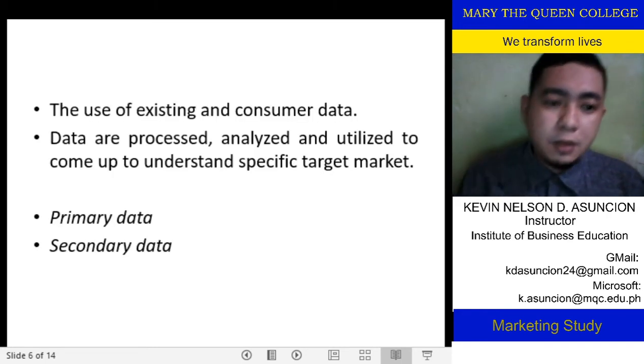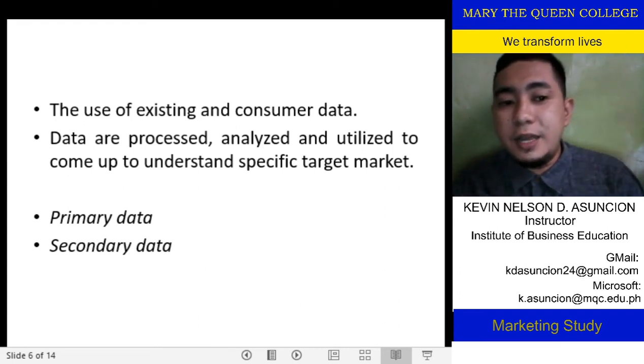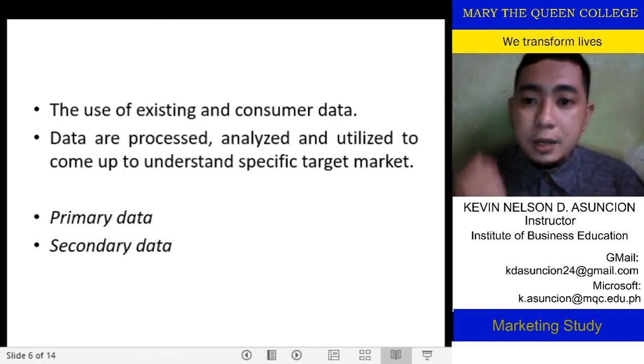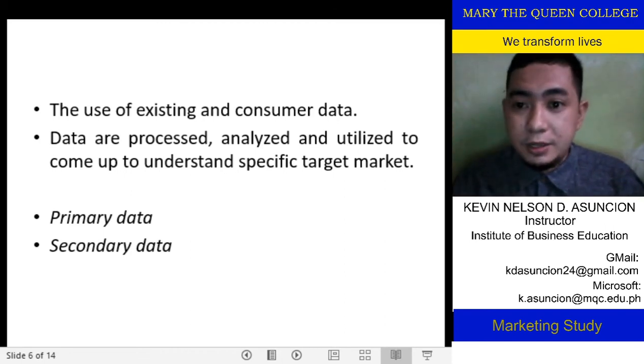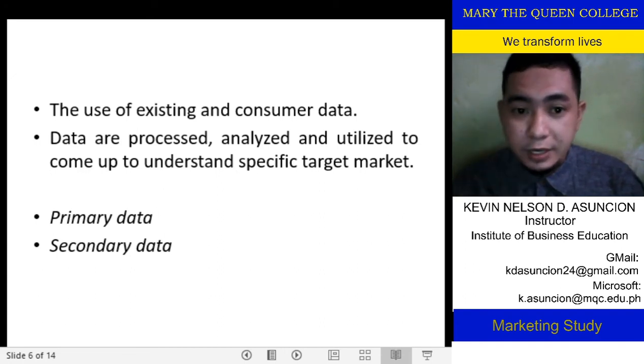So, the use of existing consumer data, and other consumer data na ipaprocess mo pa lang o kukunin mo pa lang, will help to determine your target market. So, it's a combination of retail management, product management, and marketing research. Data are processed, analyzed, and utilized to understand a specific target market.